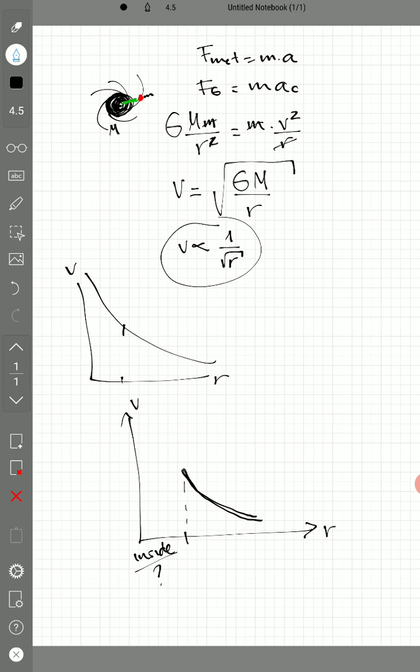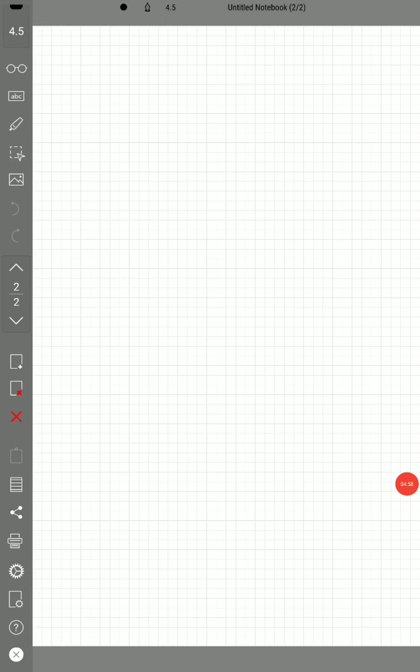According to this it should be going up, but that's not entirely true, because if you go inside the core of the galaxy, then the gravitational force is not this simple, right? It gets a little bit more complicated, and that's the next thing we're going to see.